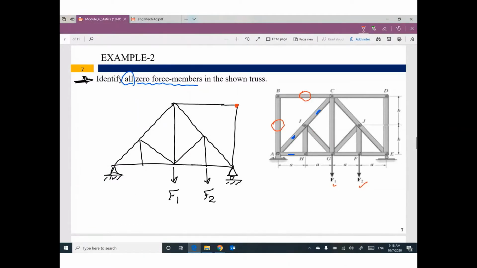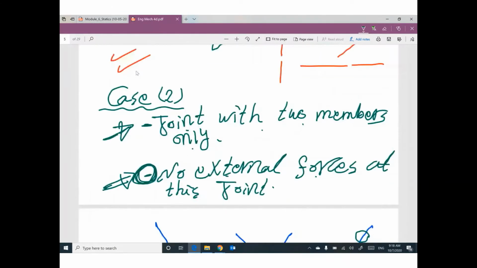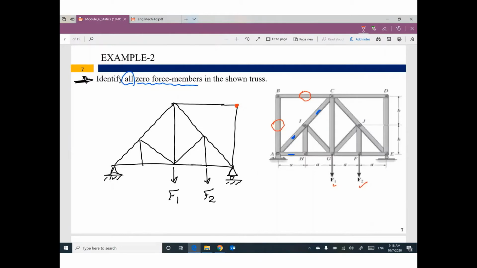Do you have any external forces? No, no external forces at this joint. That means this member and this member will be 0. Believe me, will be 0. So these are 0 force members. Go ahead and delete both of them.